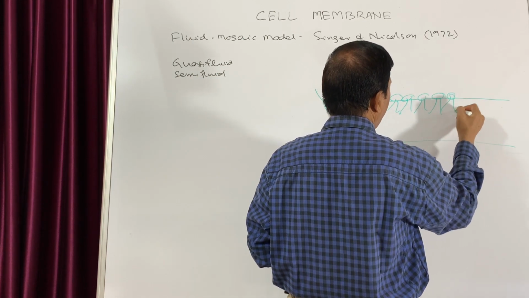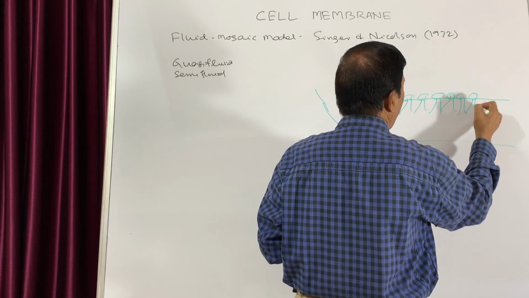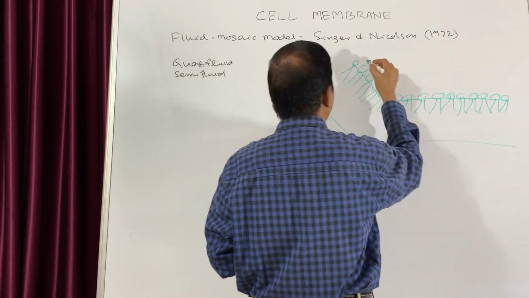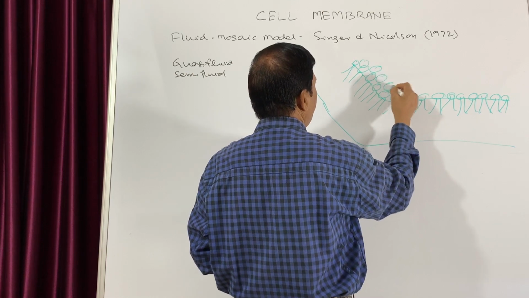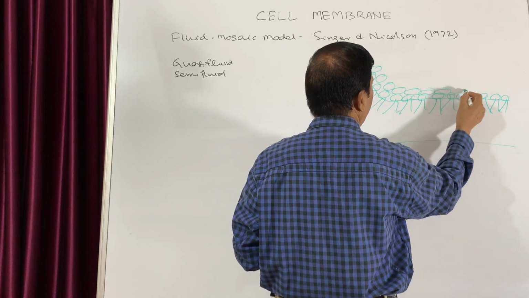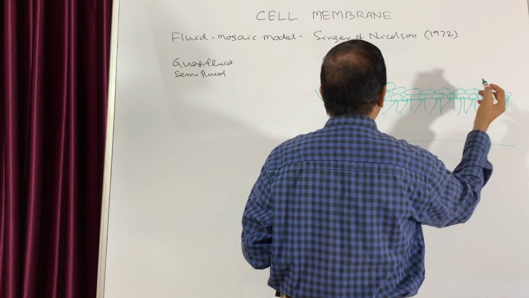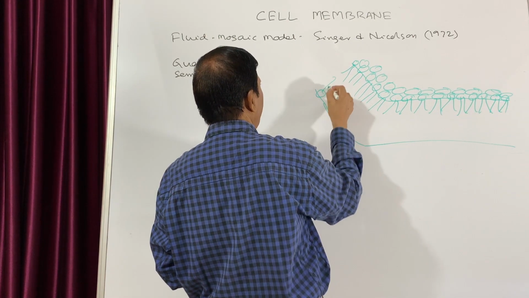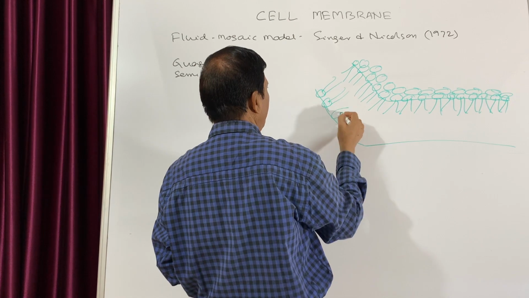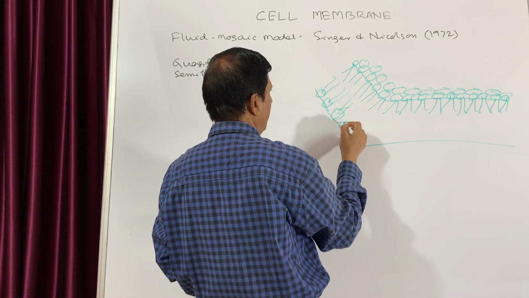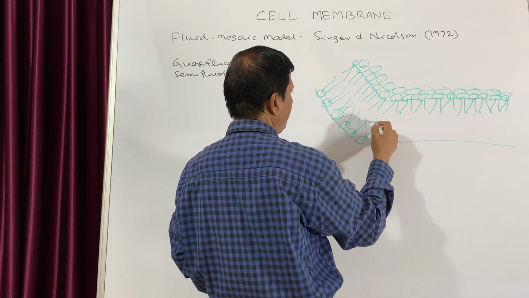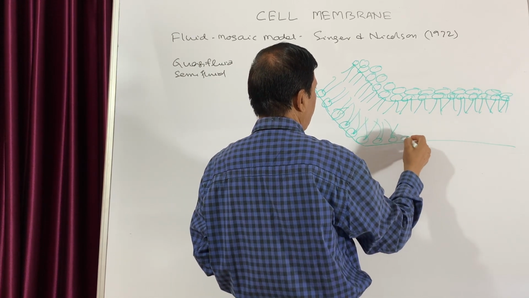Each phospholipid has one hydrophilic head and hydrophobic tails. Similarly, on this side also, these are there. This is a bilayer of phospholipids.